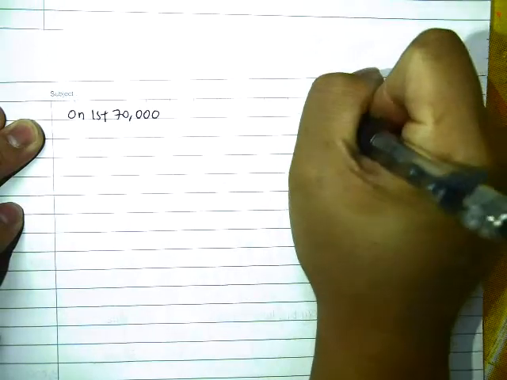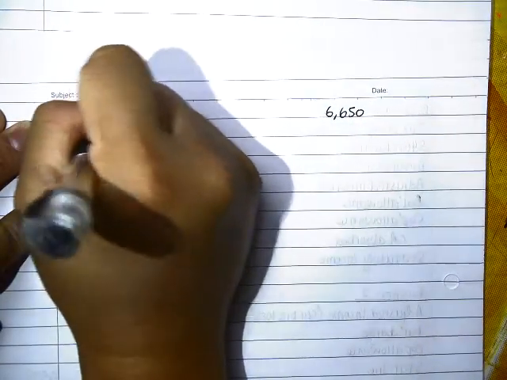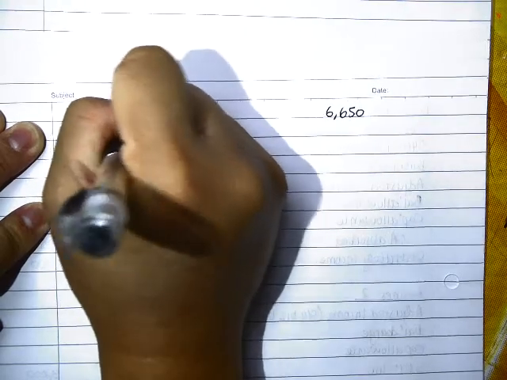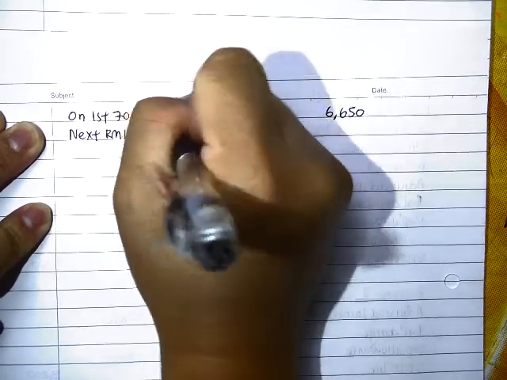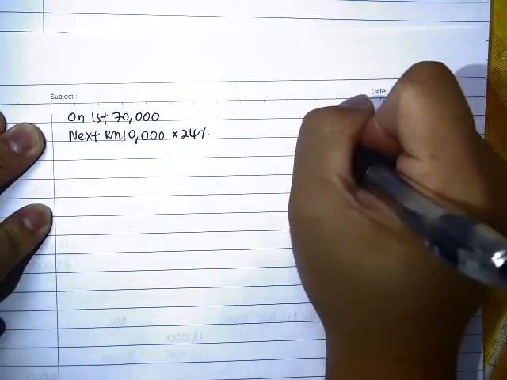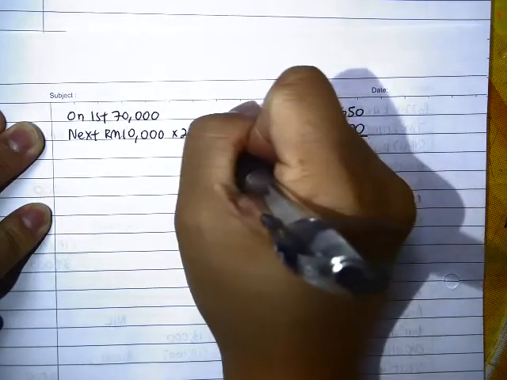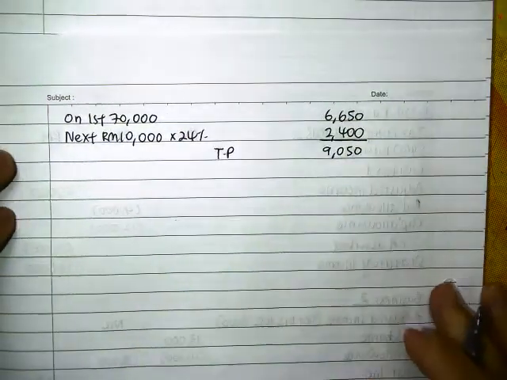On the first 70,000, he pays 6,650, and the balance 10,000 is paid at 24%, so 2,400. So his tax will be 9,050. That's the tax payable.